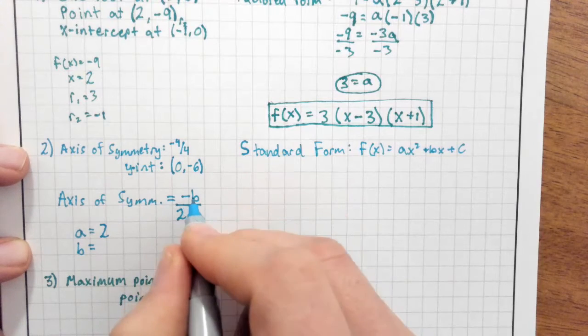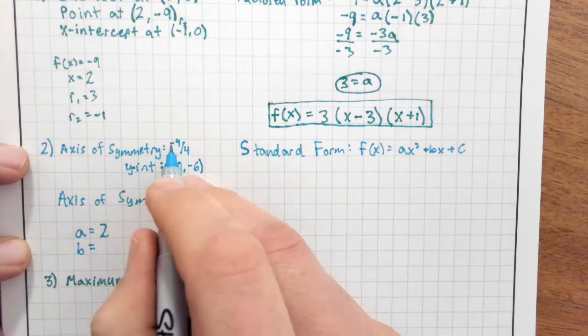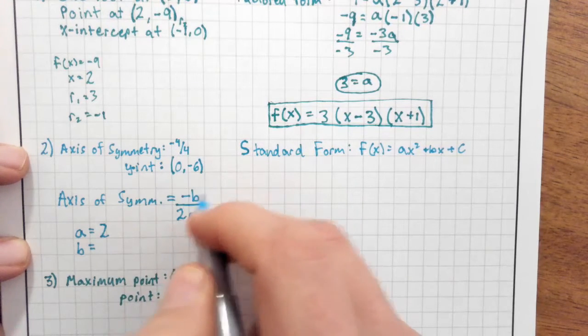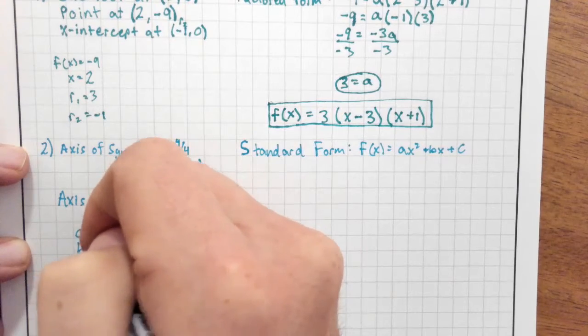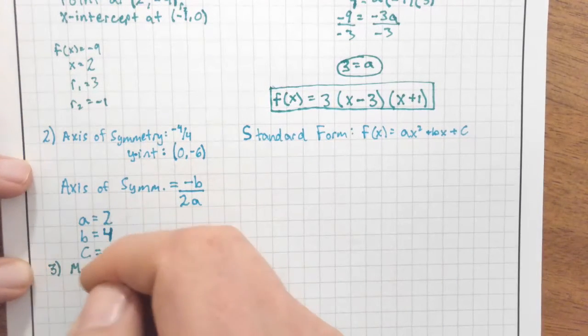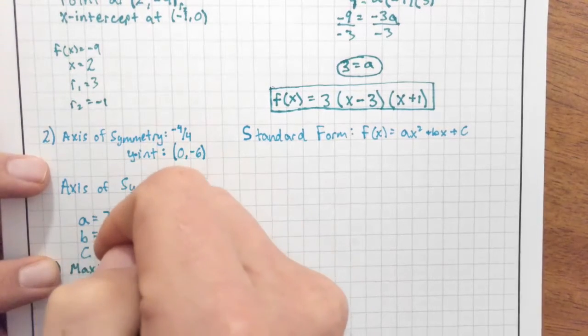I've got negative some value. When I look at my axis of symmetry, it's -4. So what must have been plugged in for b? +4. B is equal to 4. And then again, c is just the value of the y-intercept, or the y-coordinate of it at least, and the y-coordinate here is -6.